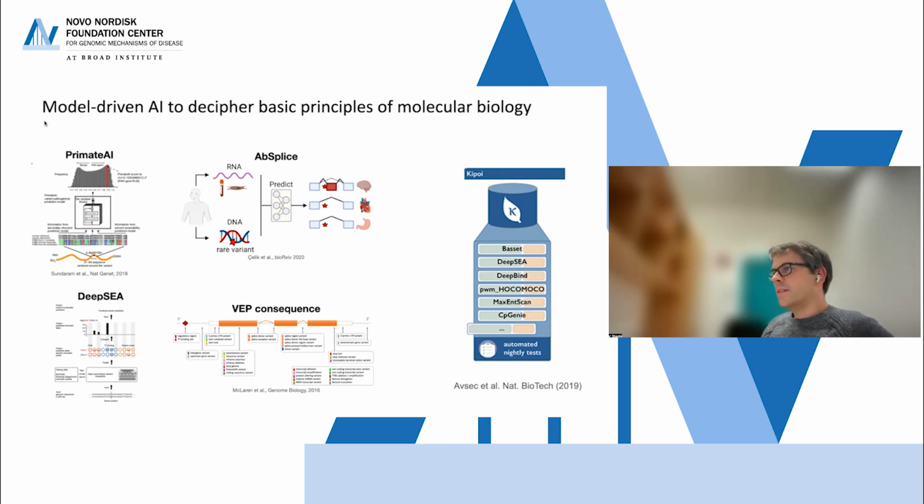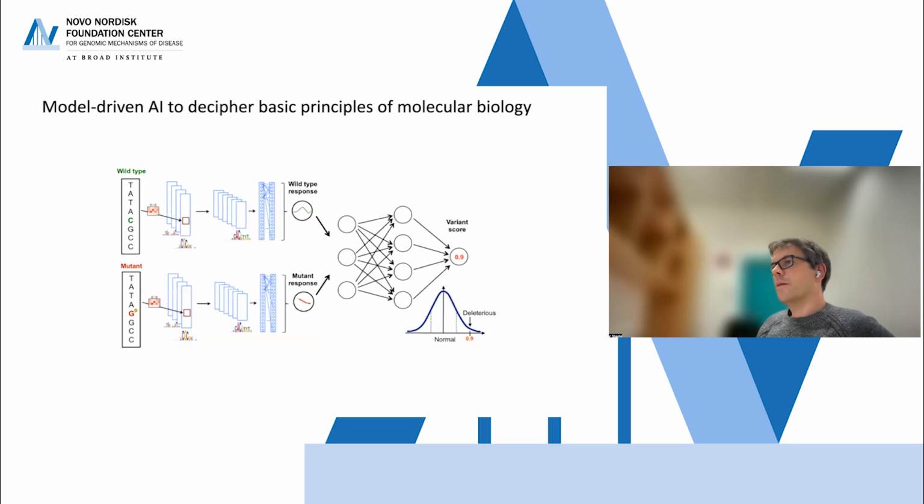But what these things are, and we now have a real compendium of models, is that you can ask: give me a variant, and I want to know what's the impact of a particular change from the wild type or reference sequence. These models go directly from sequence to some readout, which might be missense or splicing or whatever.